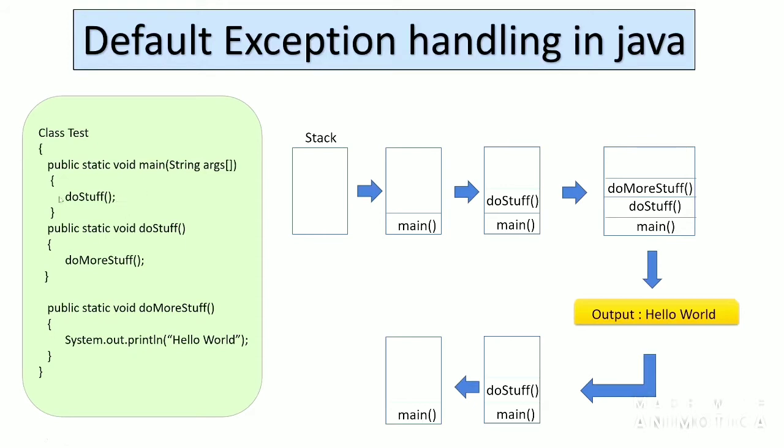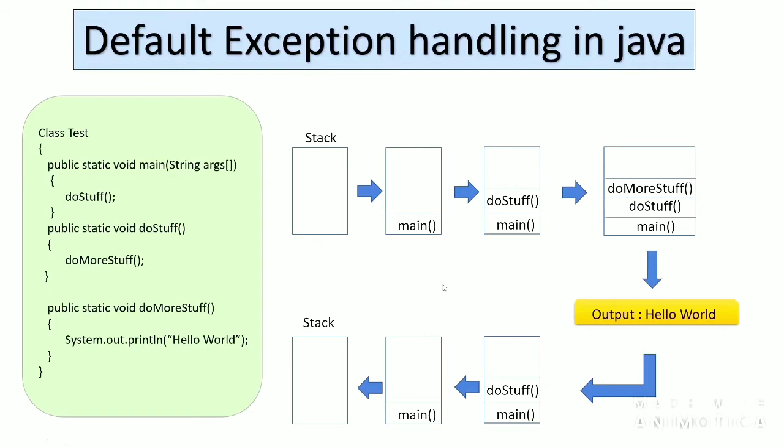So the control goes out of the main method and its corresponding entry will be removed, and the stack will become empty. Now the stack will be destroyed by the JVM. As we have already discussed, the JVM is responsible for creation of the stack and also responsible for destroying the stack. So this is the case we have discussed earlier.